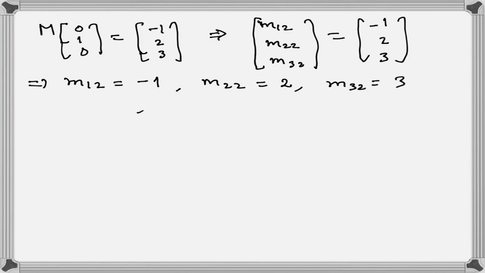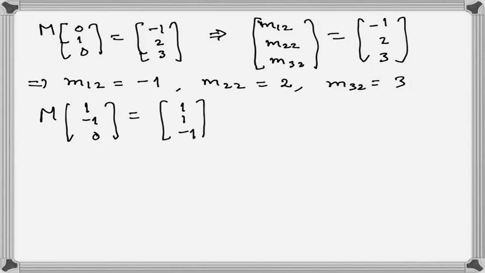Let's take the second equation, which is M times (1, minus 1, 0) equal to (1, 1, minus 1).